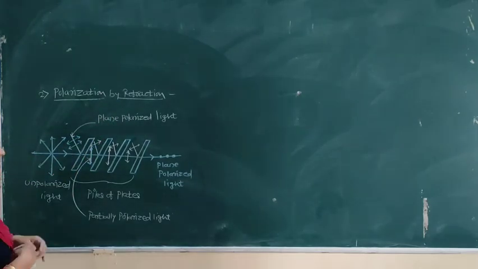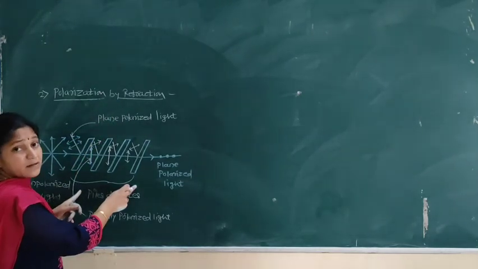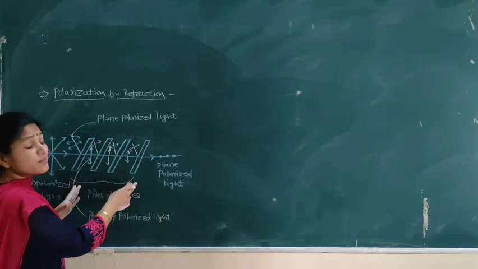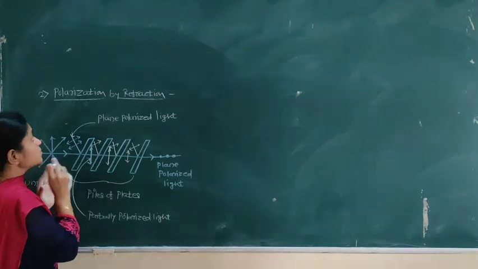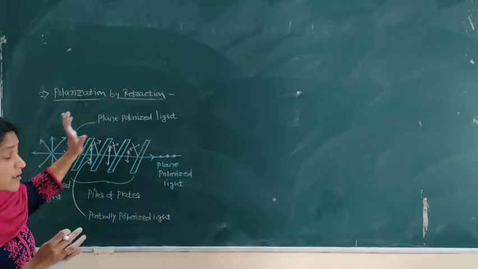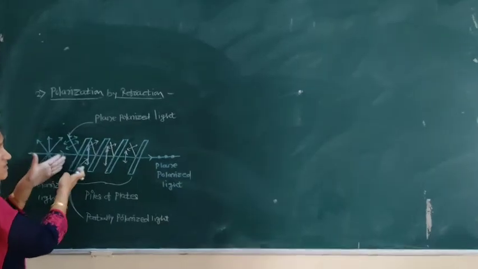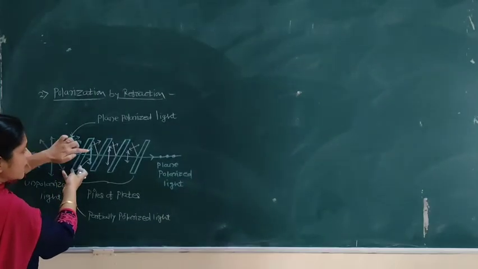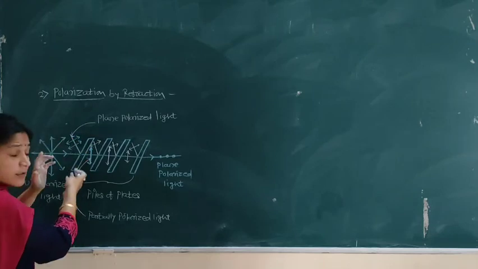And always keep in mind, this pile of plates contains 15 glass plates placed in a metal tube. Understood? This is a very simple method. Unpolarized light is incident on a transparent surface. A part of the light is reflected, a part is refracted.